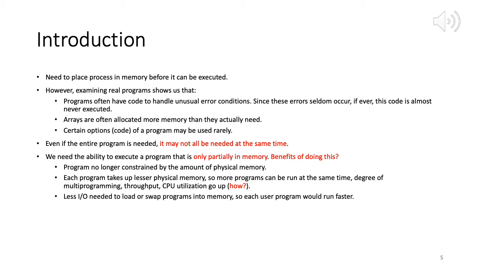So that disk delay will be less, and ultimately the user program would be running faster because the wait time for the disk IO is reduced, so it can start executing instructions quicker. Okay, so these are all the advantages of bringing parts of a process into physical memory for execution.